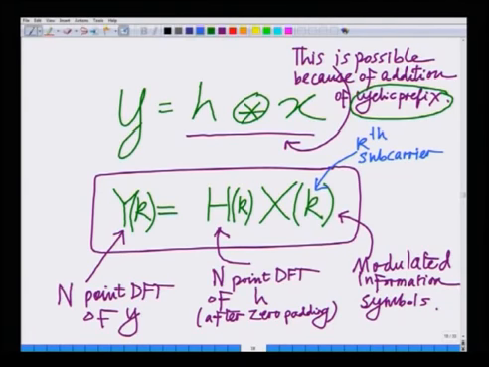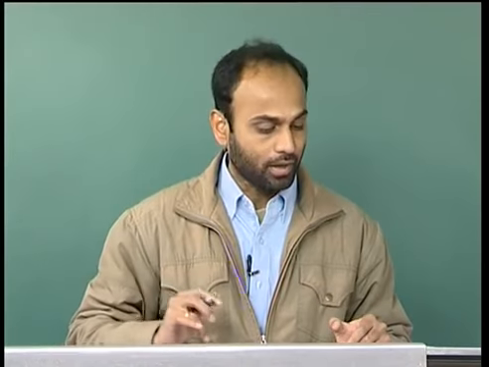If I take the n-point DFT or FFT at the receiver, yk, the received symbol across the kth subcarrier, which corresponds to the kth DFT point, is hk, the DFT of the channel, times xk, which is nothing but the transmitted information symbols. These are known as the information symbols loaded onto the subcarriers.